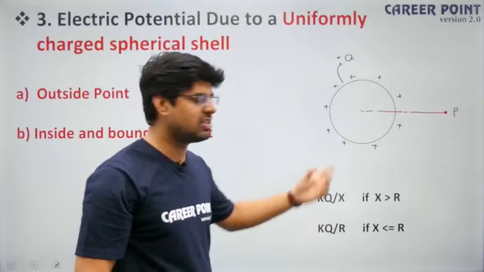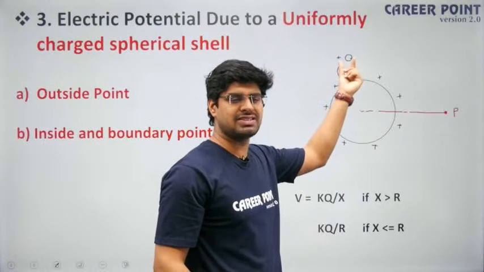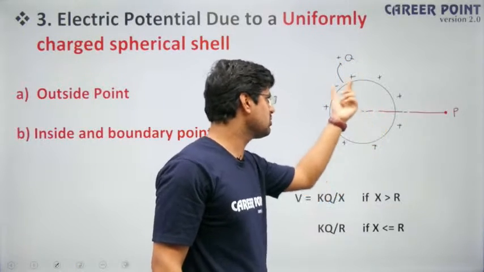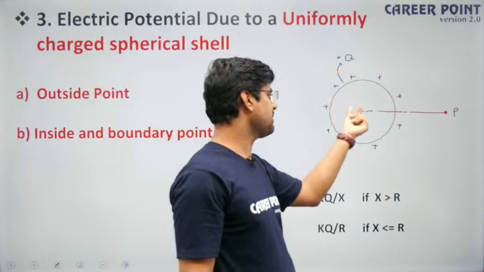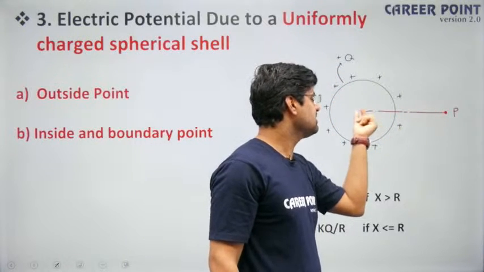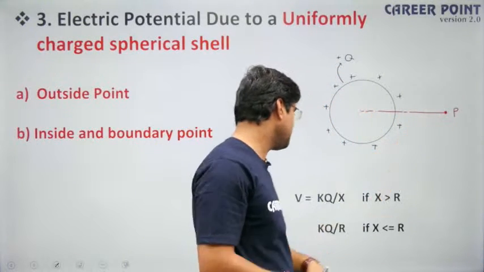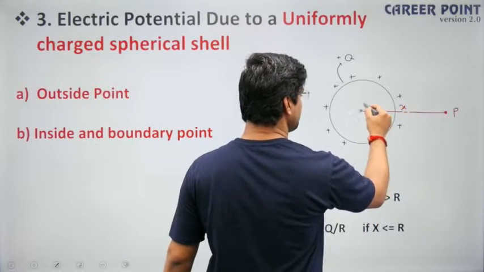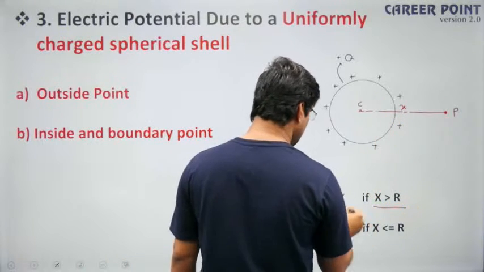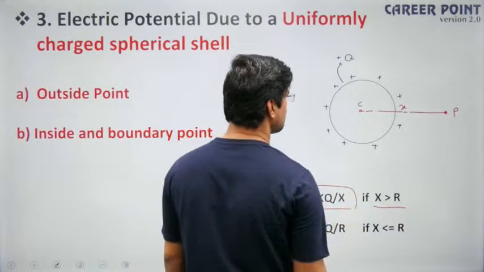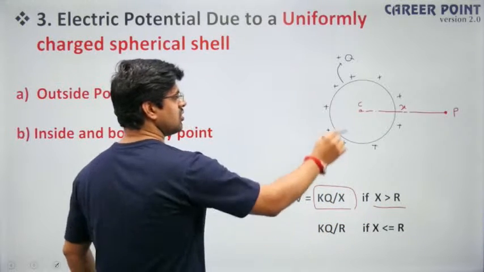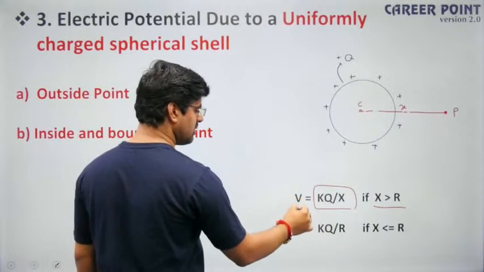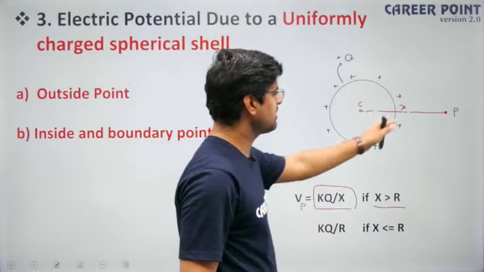What is the total charge on the surface? The total charge is +Q. If the total charge +Q is concentrated at the center, then at point P, at distance x from the center, for x greater than r, we can directly write kQ/x as our answer. Potential at point P will be kQ/x for x greater than r.